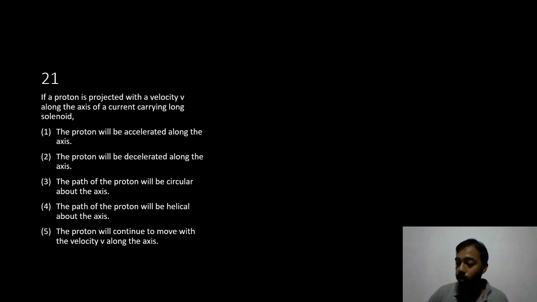Question number 21. If a proton is projected with a velocity v along the axis of a current carrying long solenoid, what will happen to the proton?